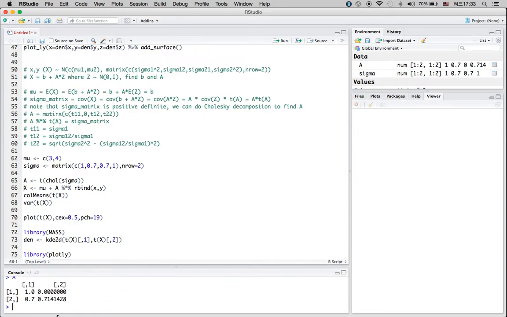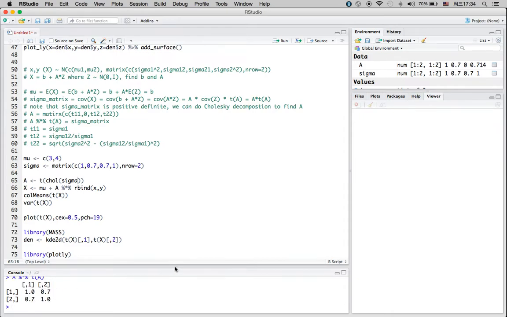So this is the Cholesky decomposition of the sigma matrix, and that is our matrix A. Let's see if the transpose of A multiplied by A gives us sigma.